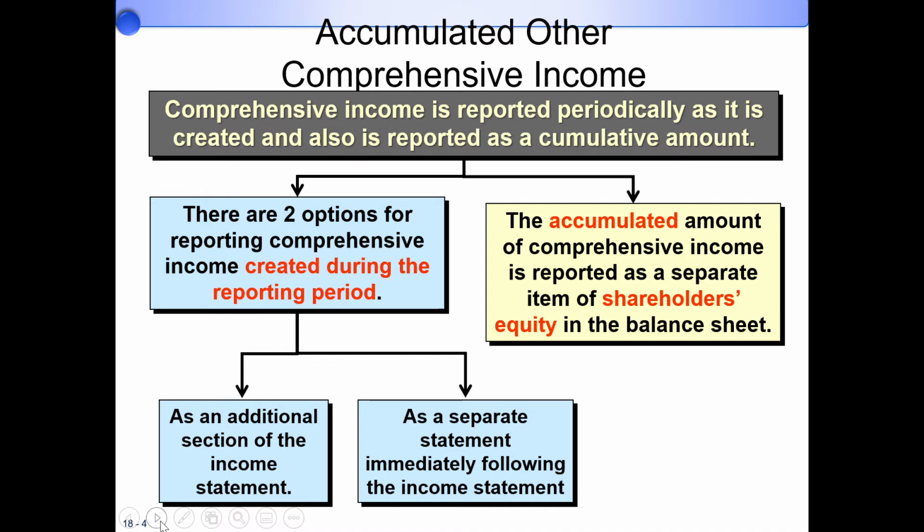But only those four situations, four unrealized gains and losses, will be separated from our normal gains and losses. We call that other comprehensive income.